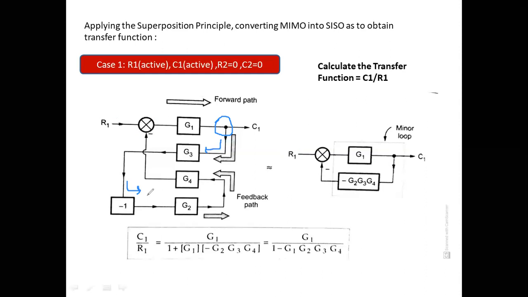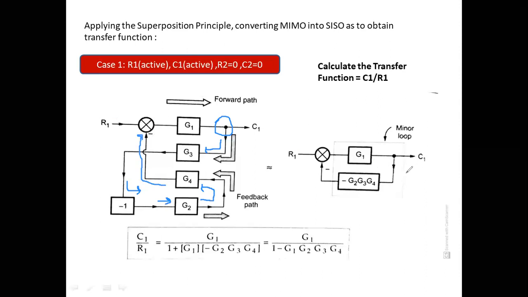Now after that the signal becomes minus G3 G2, then minus G3 G2 is getting multiplied by G4, and the signal becomes minus G3 G2 G4, and this particular signal moves like this and comes to this particular summing point.